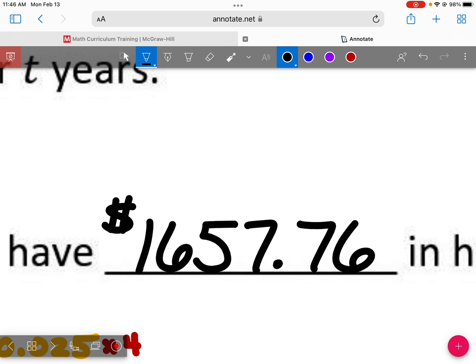Next one, on your page. Write me a function rule, and then do part B. Guys, you need to do both parts A and B on the check problem.